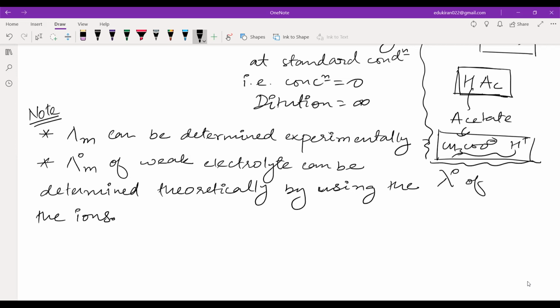Okay, of the ions. Via which law? Via Kohlrausch law.